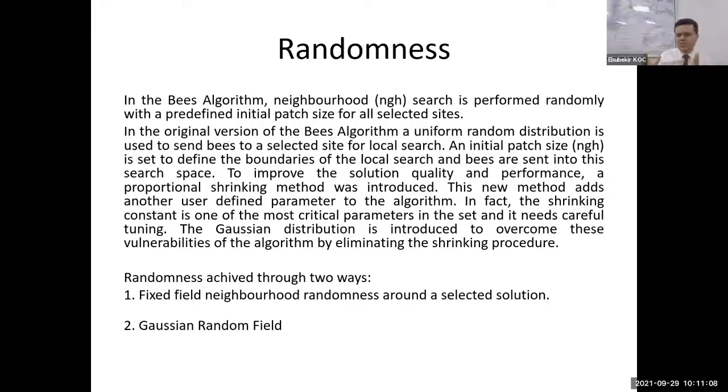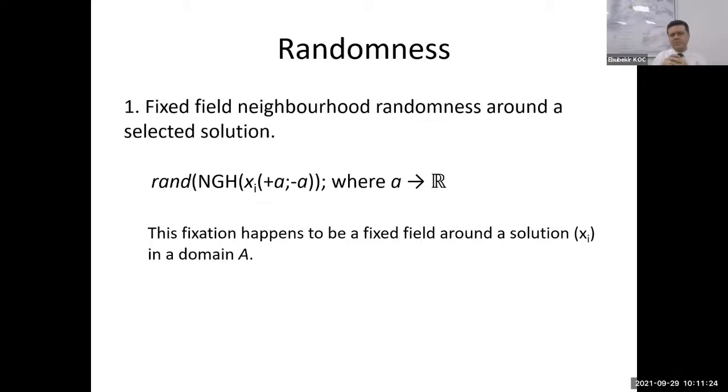One is a fixed field neighborhood randomness around the selected solution. So we have a fixed neighborhood, and instead of a gradual decrease, what I'm proposing here is a Gaussian random field. So that's another key point here. The fixed neighborhood randomness around the selected solution can be defined like this.